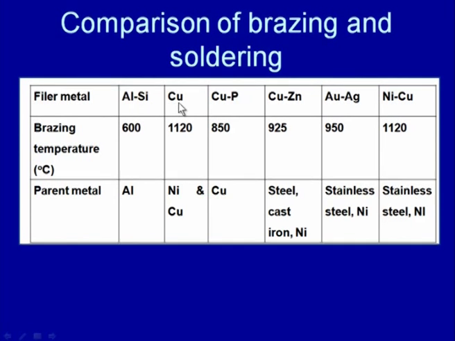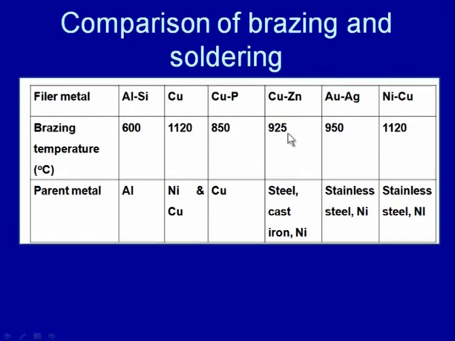Copper filler at 1120 degrees centigrade can be used with nickel and copper alloys. Copper phosphorus, with a brazing temperature of 850 degrees centigrade, can be used with copper. Similarly, copper zinc alloy systems with a brazing temperature of 925 can be used with steel, cast iron, and nickel alloy systems.